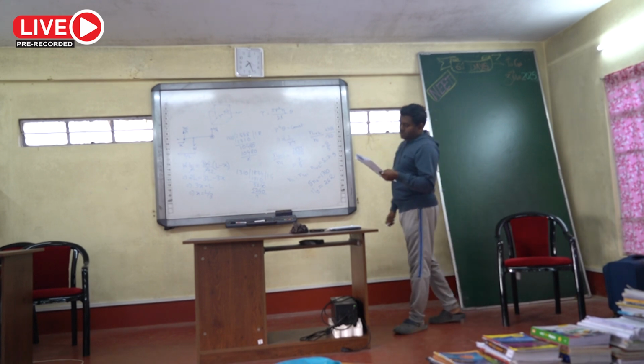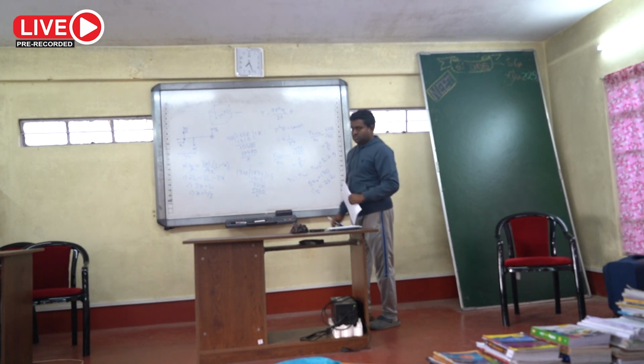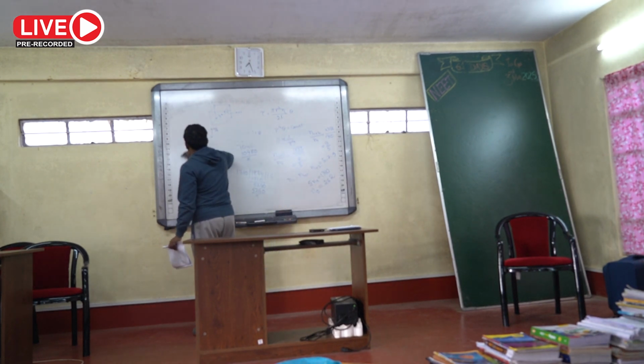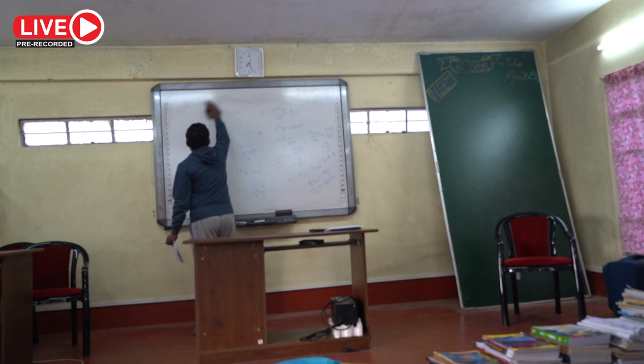Next one. The capacitance of the parallel plate capacitor is CA. Just calculate CA, CB and CC and then compare.